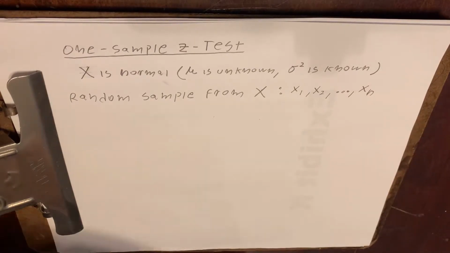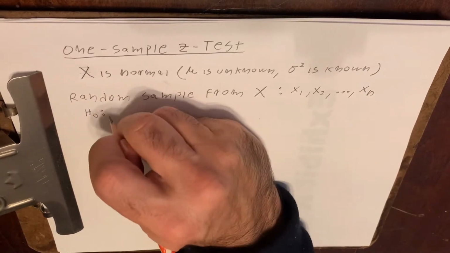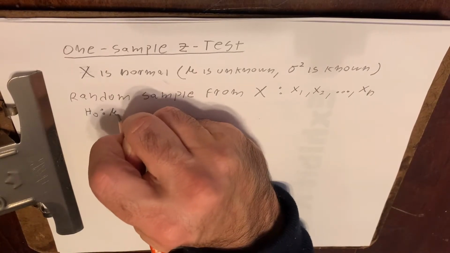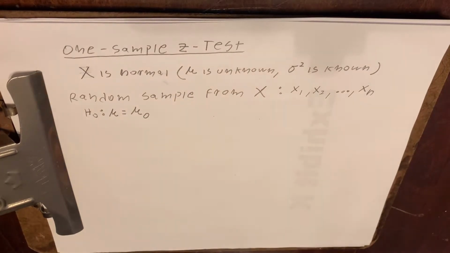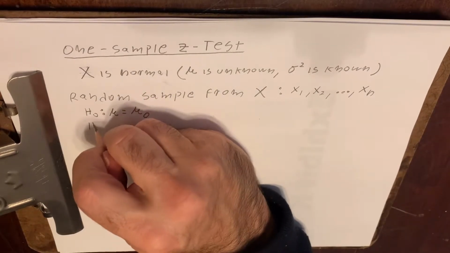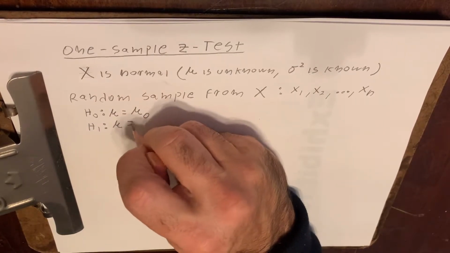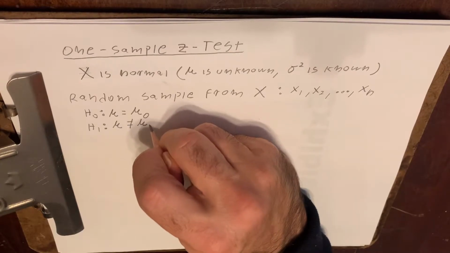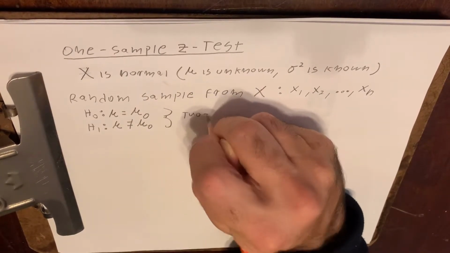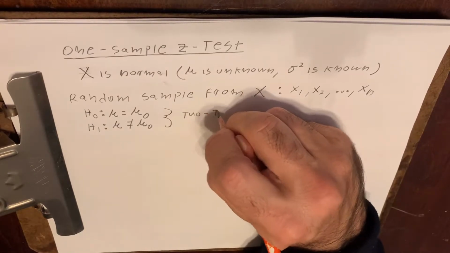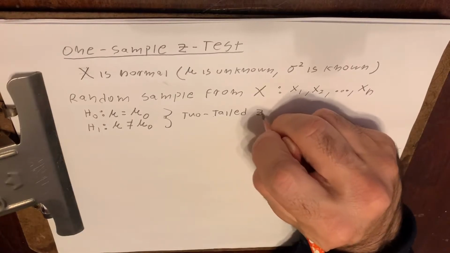Now, let's hypothesize under the null hypothesis that the population mean is equal to some specified value, which we'll call mu naught. And the alternative hypothesis is that the population mean is not equal to mu naught. So this is the standard two-sided, or sometimes called the two-tailed, z-test.